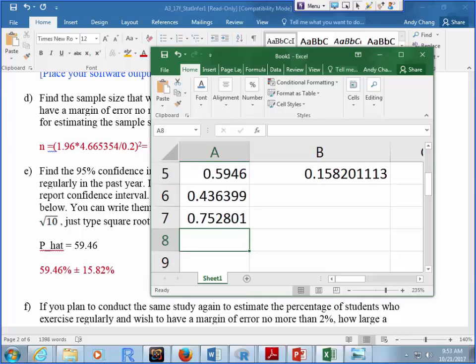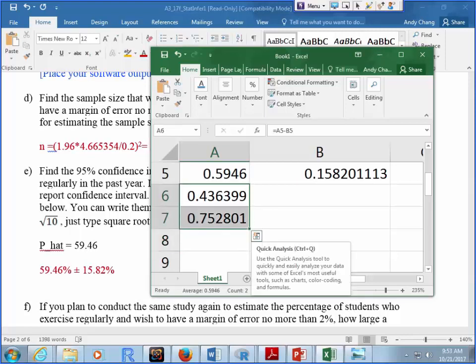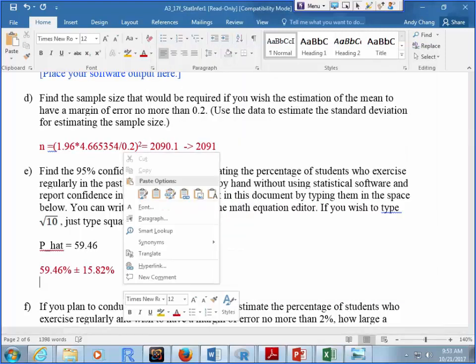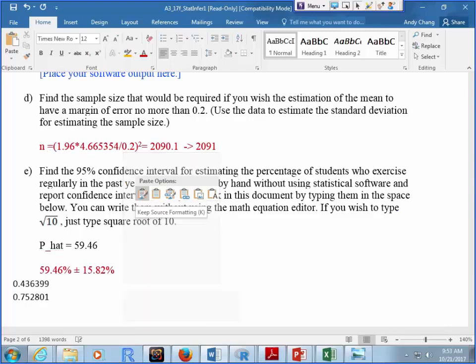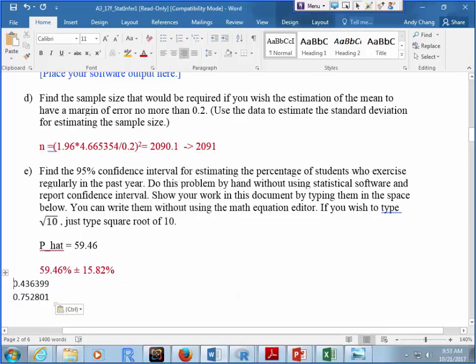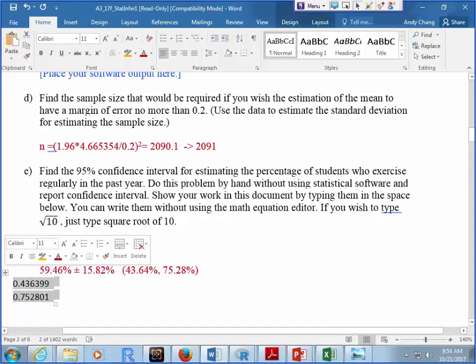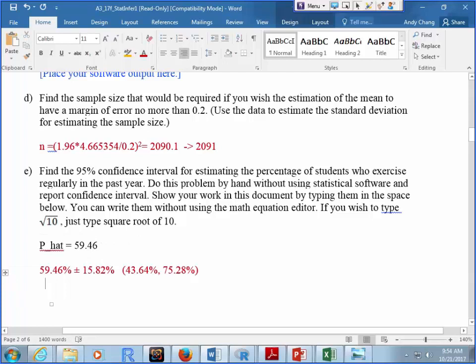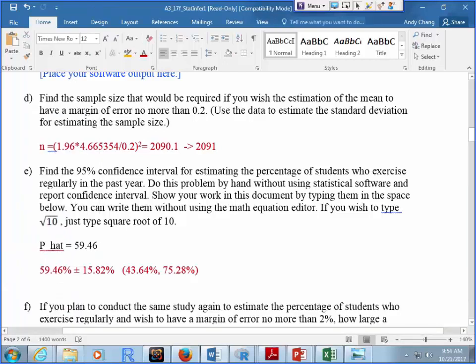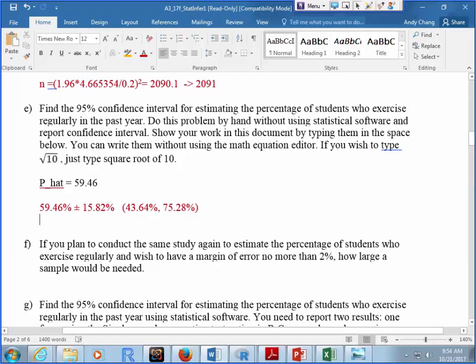So 43.64% to 75.28% if you want. So that's another way that you can answer this question. Any questions? All right, that's easy.